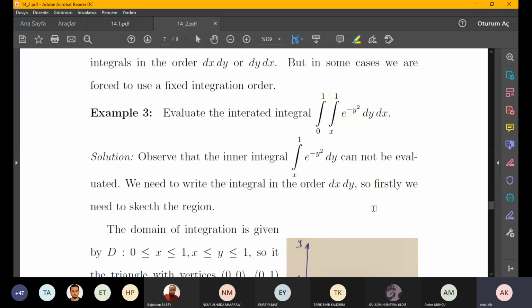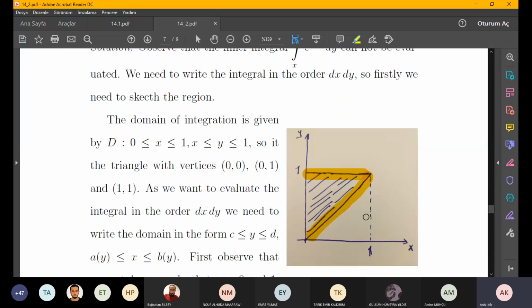X equals 0 is the y-axis, and the other one is the x equals 1 line. So that is why the integration domain is that triangular region, this shaded region.